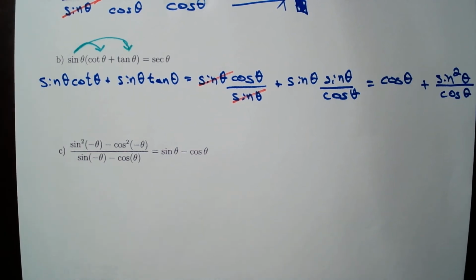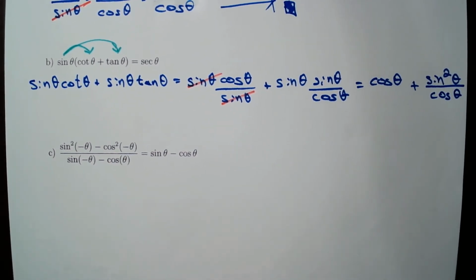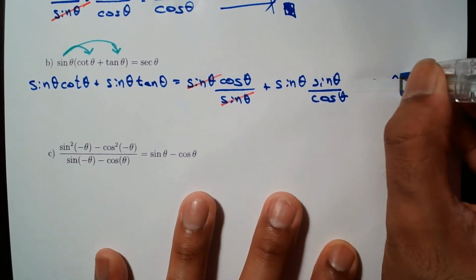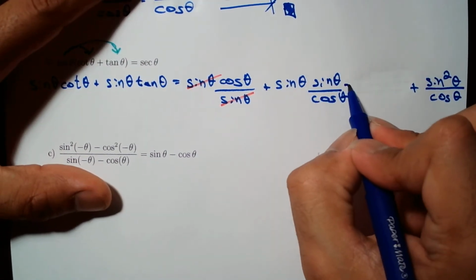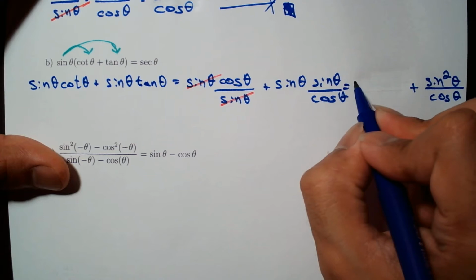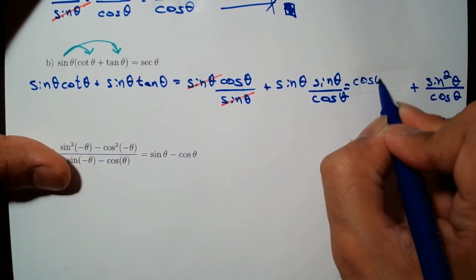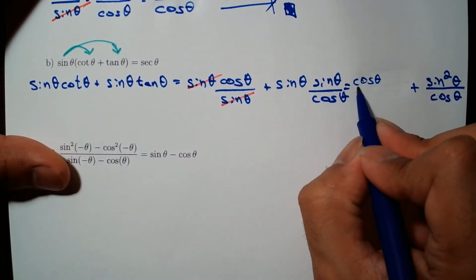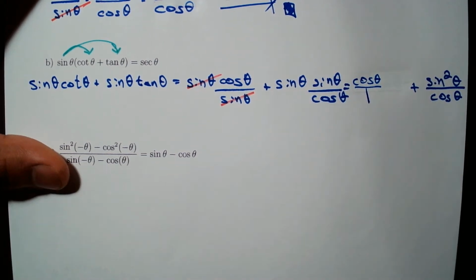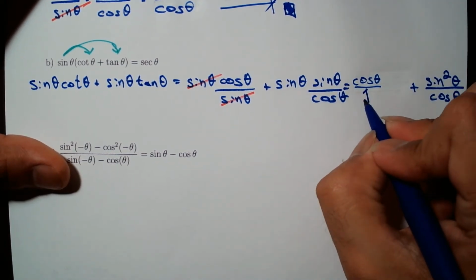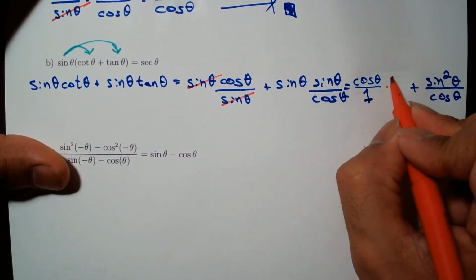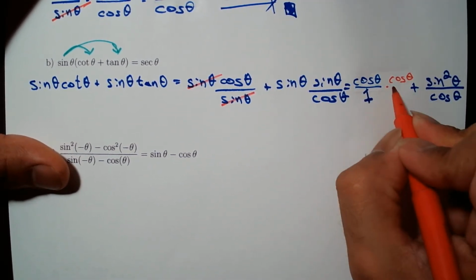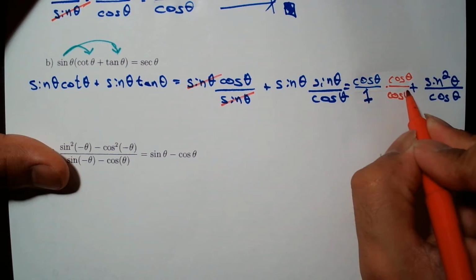All right, the only thing I can think of here is, well, let me actually erase this because I might need some space. So we say this was cosine. The only thing I can think of is thinking of this cosine over 1. Think of it as cosine over 1 and multiply this by cosine, divide by cosine.